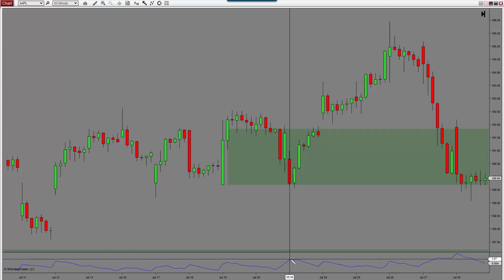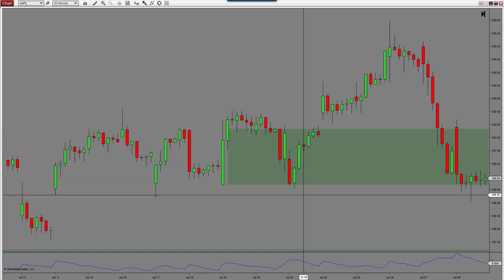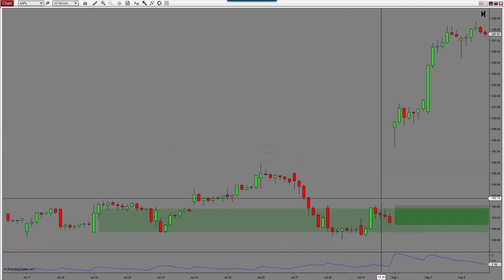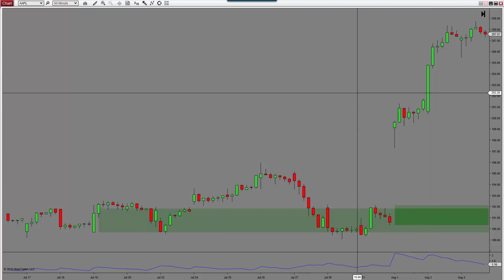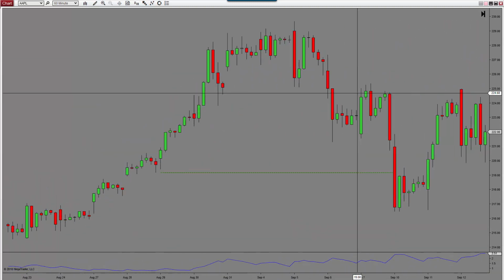My stop's gonna be $1.05. So 89.40. Yeah. So I've been stopped out, and then I would have been filled again here, and this would have been my winning trade. Okay. And that would have been it for Apple.